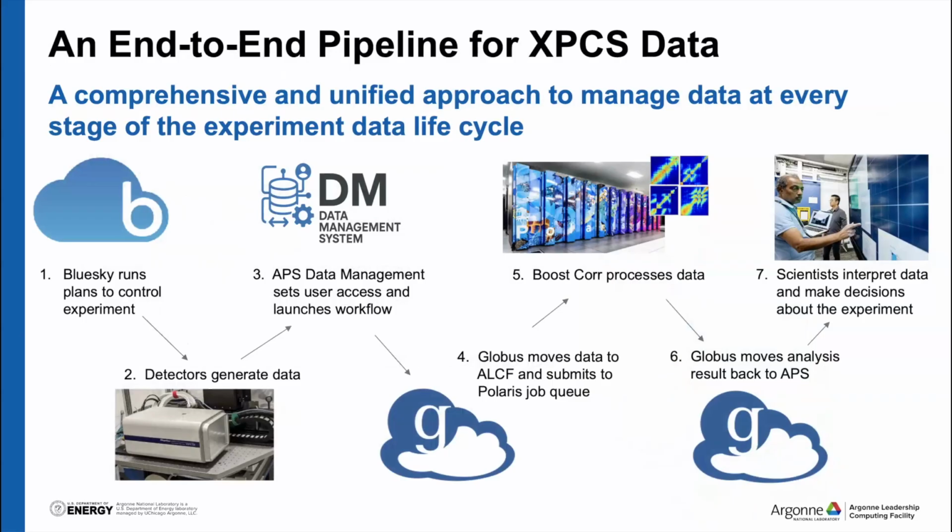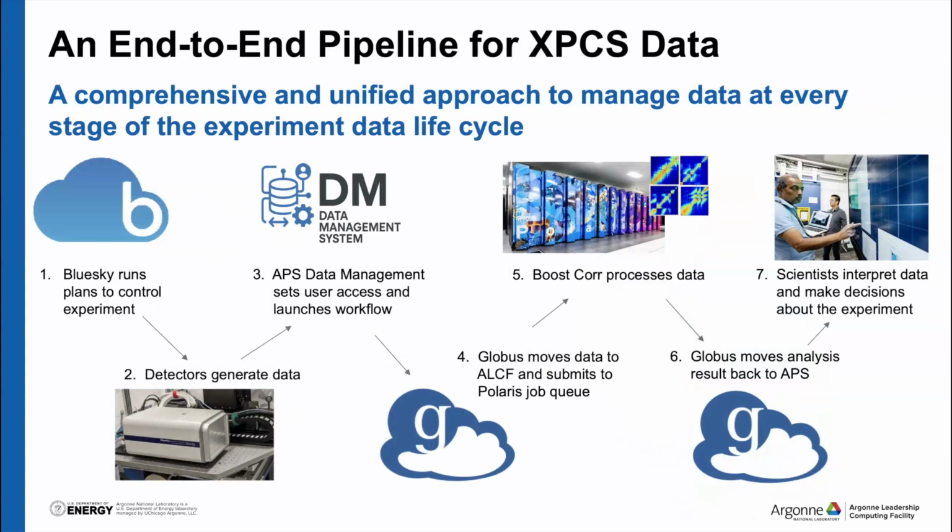So what does this look like end to end? Using this XPCS example, what is the life cycle of the data in this pipeline? We have a software that is actually running the experiment itself, moving the equipment, controlling the detectors, and this is called Bluesky.